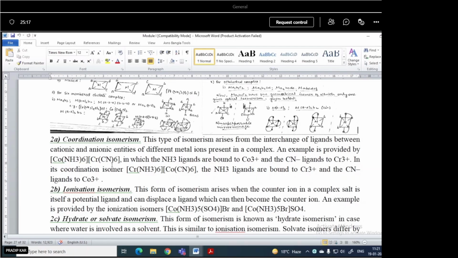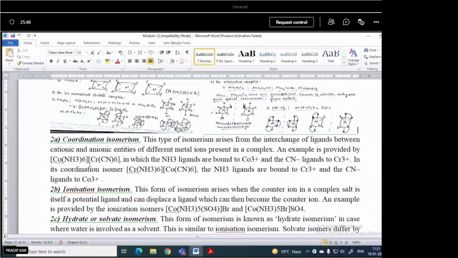Now when the ligand is exchanged, that is, Cr has NH3 and Co has CN, these two have the same molecular formula but different properties and structure. So we call them coordination isomers. It is ligand exchange between the metal ions present in the coordination compound.